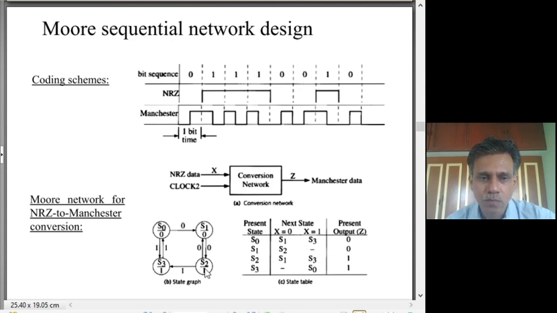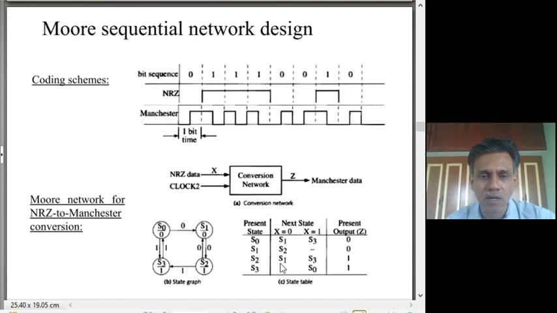In S2, when a 0 occurs, you go to S1. And when 1 occurs, you go to S3. In S3, again you are in the middle of a bit conversion. 1 has occurred, it has to be followed by a 1. When that 1 occurs, you go to S0.